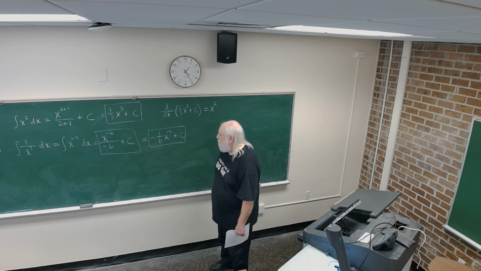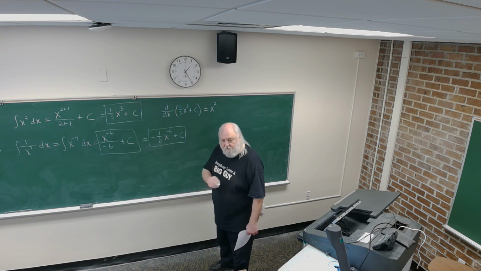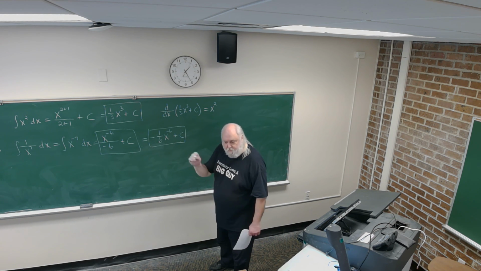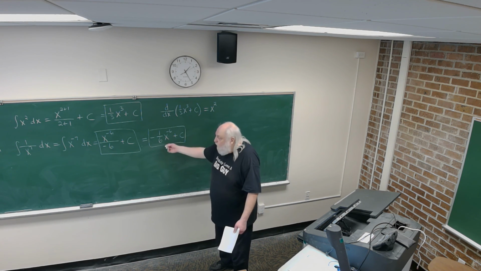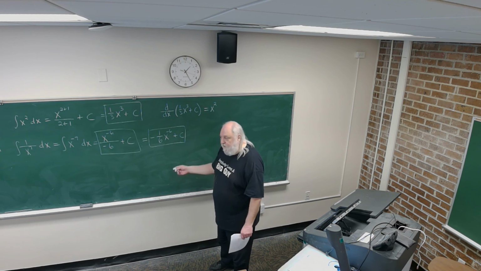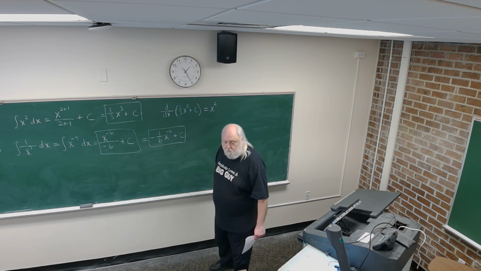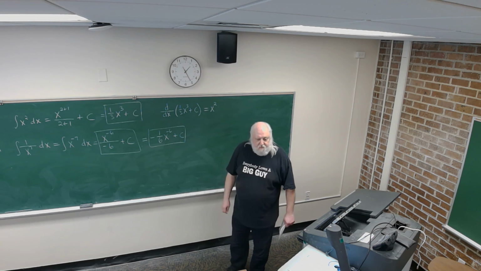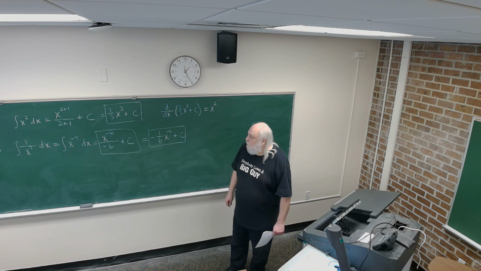So on exam 1 and exam 2, and even exam 3, you had to find derivatives of functions, and you were told you don't have to simplify. So you'll have a section where you find a bunch of antiderivatives, and you'll be told you don't have to simplify. But on the other hand, if you're solving some kind of problem, it might behoove you to simplify, to make your life easier.